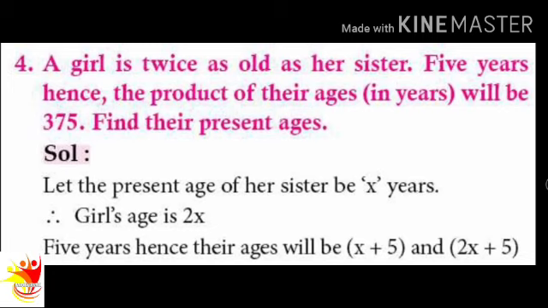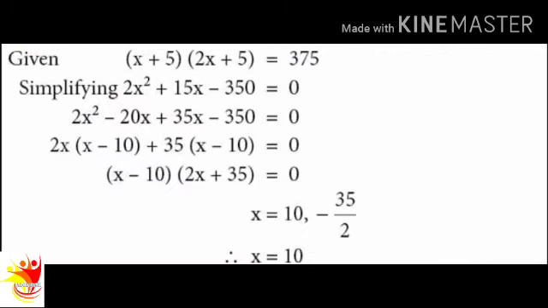Her sister's age is x plus 5 and the girl's age is 2x plus 5. Given that the product of the two ages is 375, x plus 5 into 2x plus 5 is equal to 375.